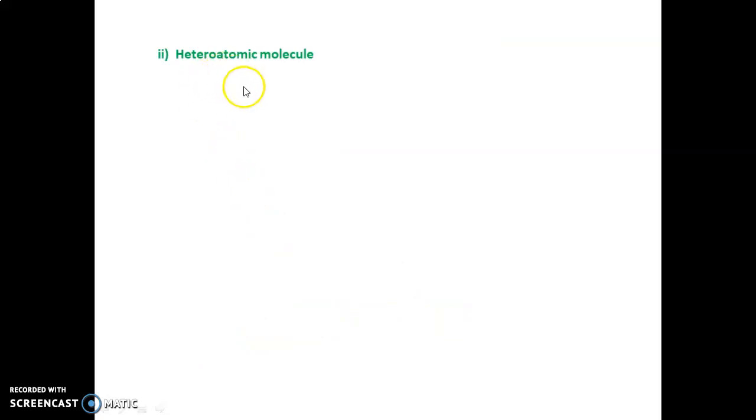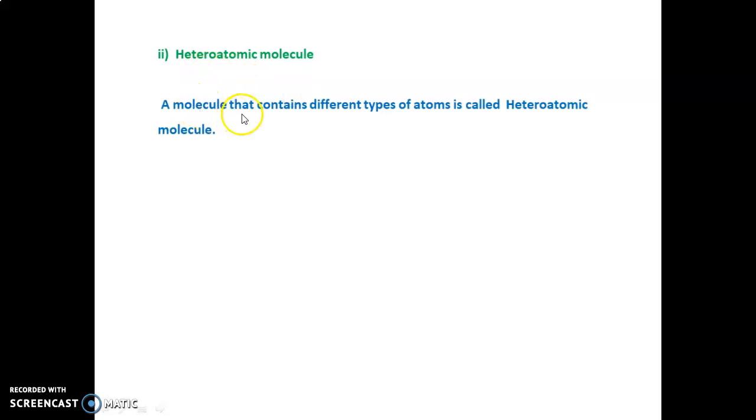Then heteroatomic molecule. Hetero means different. A molecule that contains different types of atoms is called a heteroatomic molecule. If a molecule contains the same type of atom, it is called a homoatomic molecule. If a molecule contains different types of atoms, then that molecule is called a heteroatomic molecule.